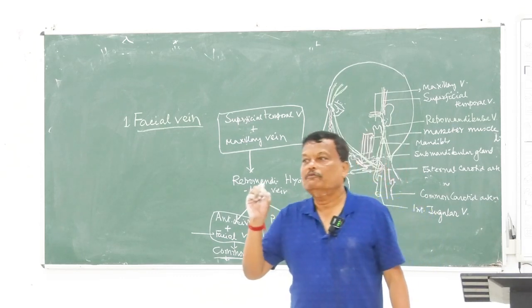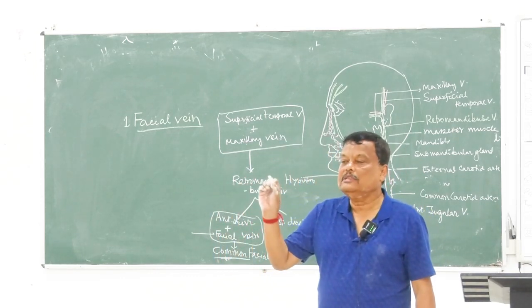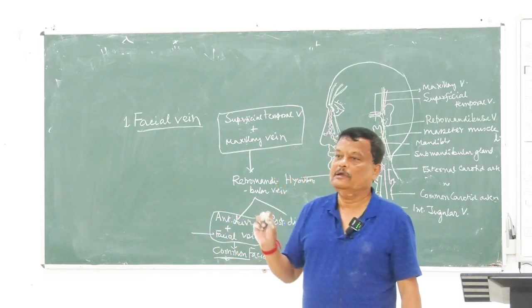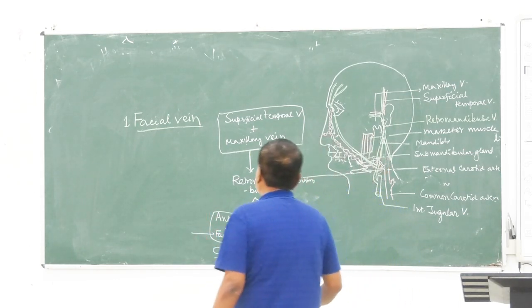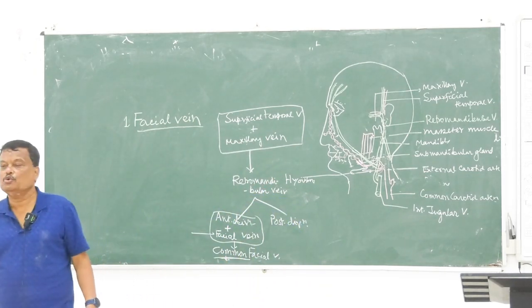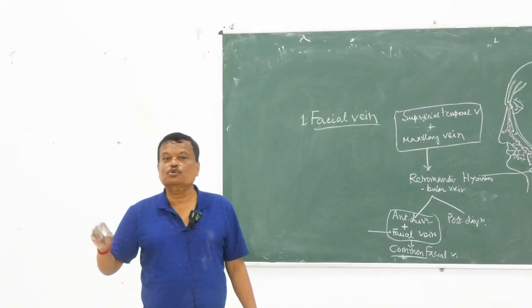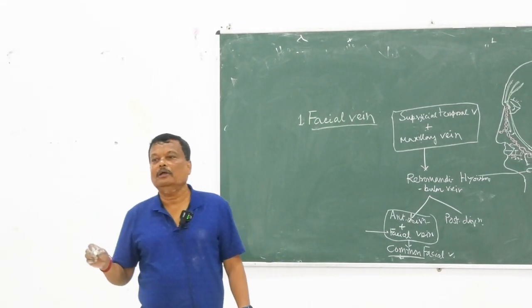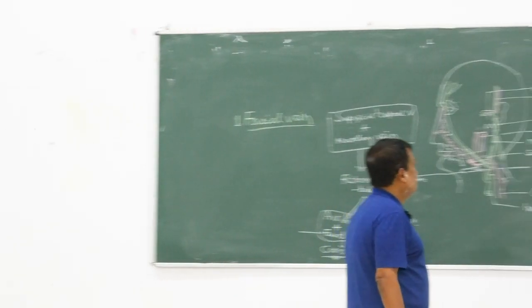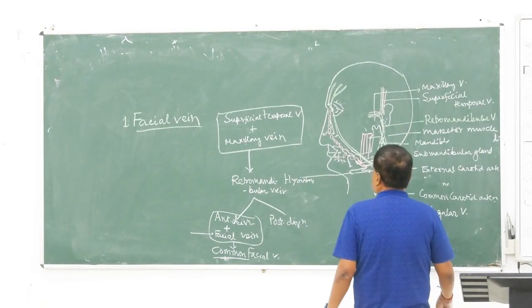Common facial vein forms joining with the facial vein with anterior division of the retromandibular vein, and now common facial vein drains into internal jugular vein, then internal jugular vein joins with the subclavian vein to form the brachiocephalic vein, ultimately back to heart, superior vena cava, then to heart.